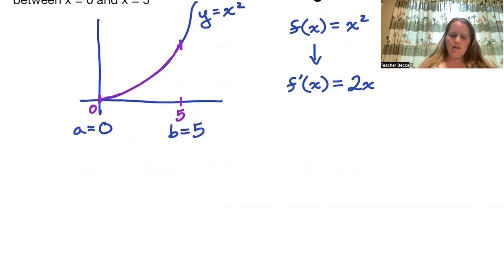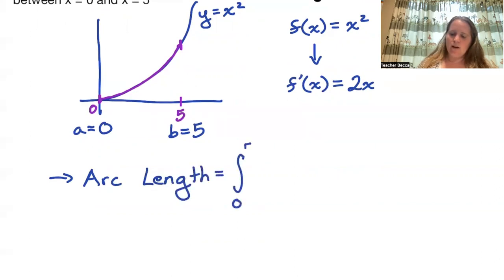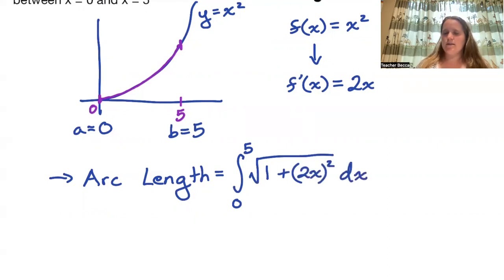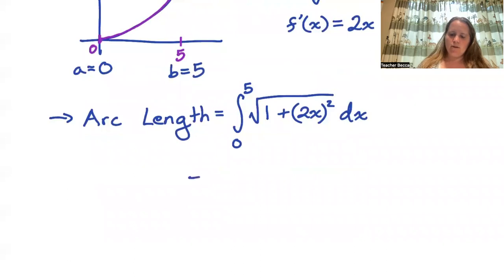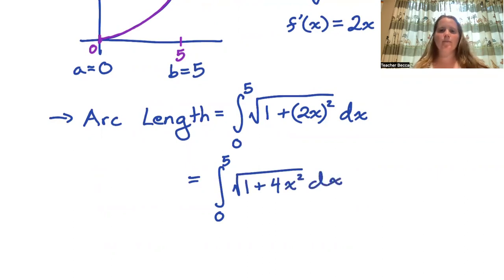So we have that our arc length is equal to the definite integral from 0 to 5 of the square root of 1 plus 2x, then squared, dx. So we are looking at the definite integral from 0 to 5 of the square root of 1 plus 4x squared dx, if you want to view it that way.